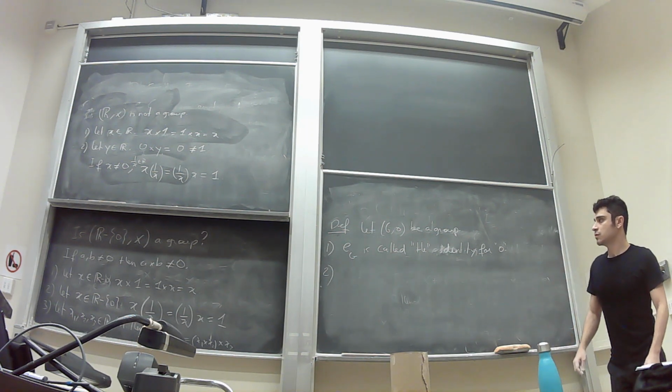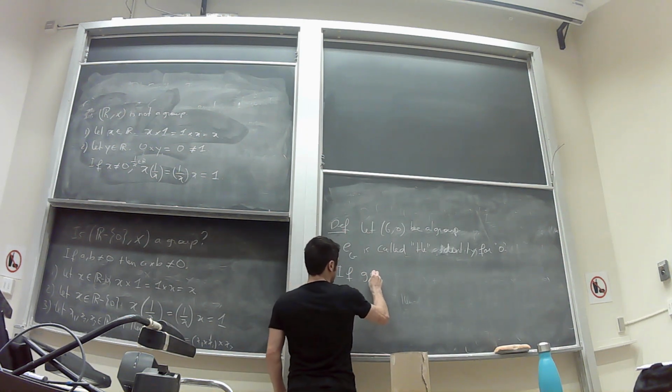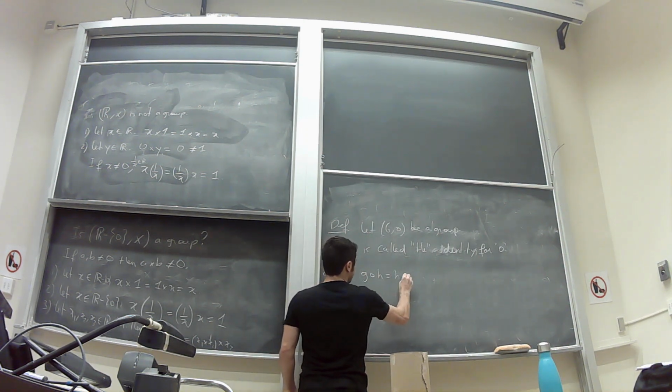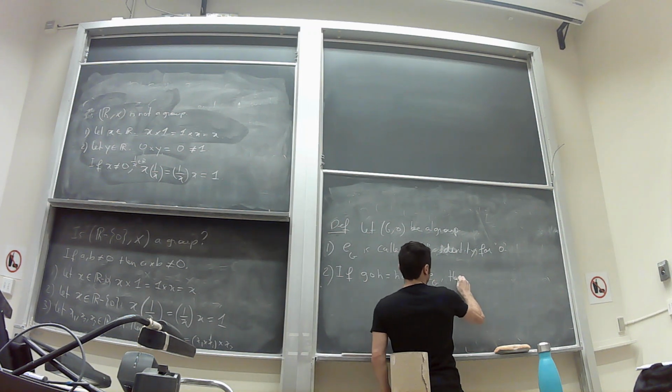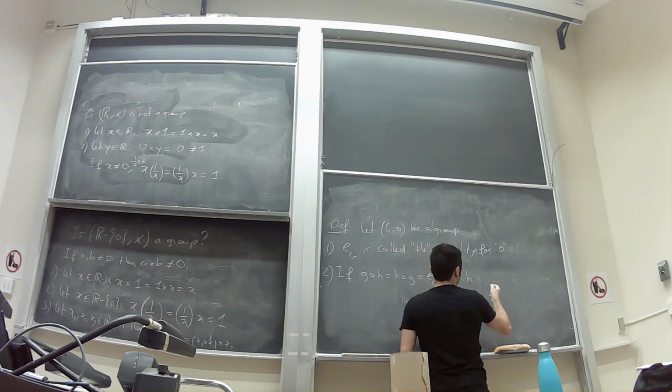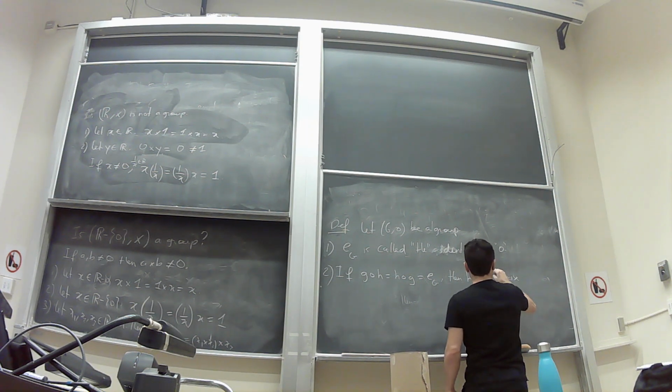Two: if g circle h and h circle g is equal to the identity, then h is called the inverse of g. Again, I have to prove my claim.